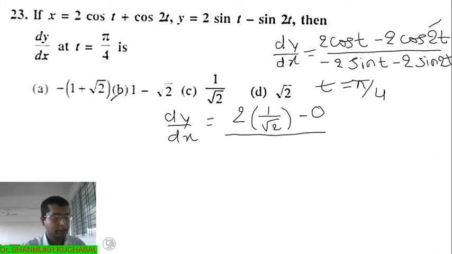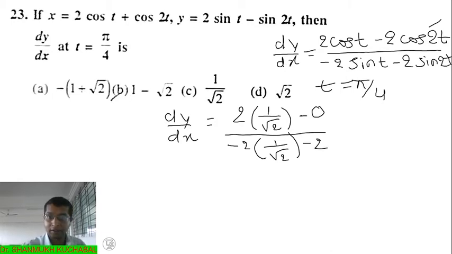Whole divided by, taking t equal to pi by 4, minus 2 times sin 45 degrees, 1 by root 2. Further, here sin 90 degrees is 1, into minus 2, minus 2.